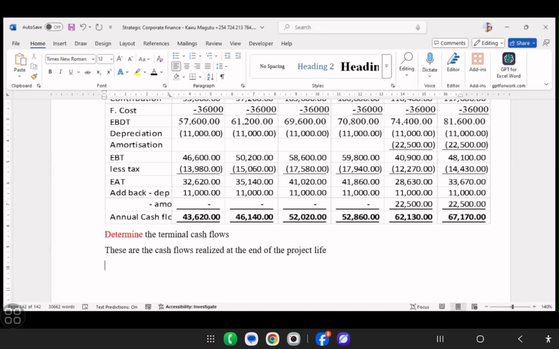We say that in the above example, these cash flows are the salvage value of the project.